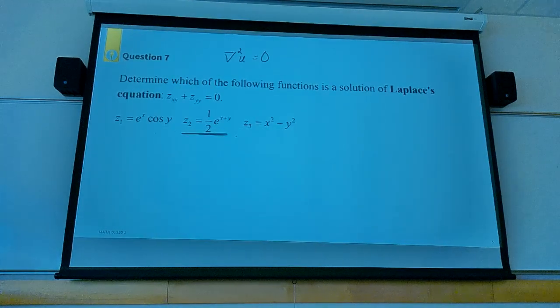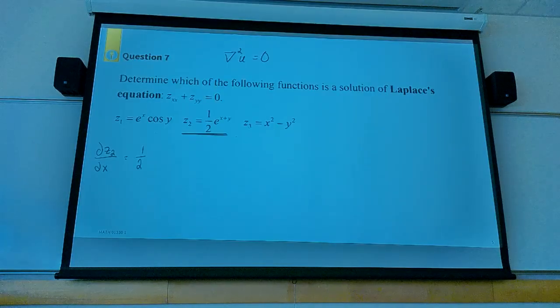Let's focus on Z2 now. Partial with respect to x. What is it?